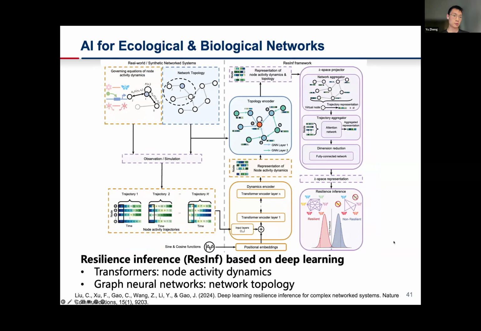So here, this resilience inference, or ResInf, model utilizes deep learning to predict the network resilience from observed data, considering both topology and the dynamics. It utilizes a transformer model to learn the node activity dynamics and graph neural networks to learn the network topology.